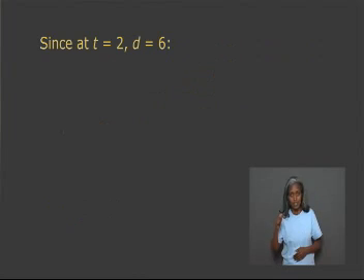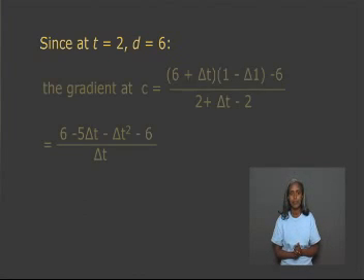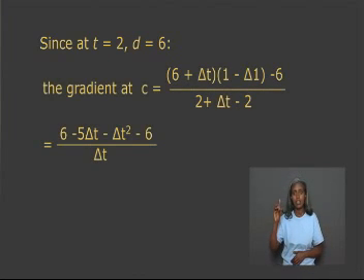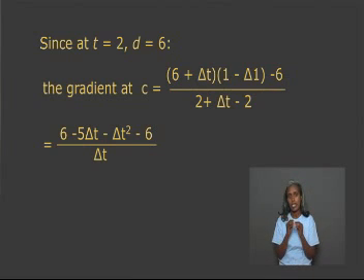Since at T equals 2, D equals 6, the gradient at C equals 6 plus delta T times 1 minus delta T minus 6, over 2 plus delta T minus 2.